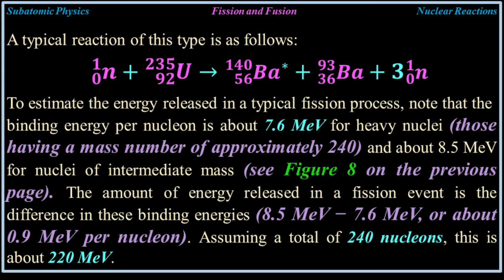The amount of energy released in a fission event is the difference in these binding energies: 8.5 mega electron volts minus 7.6 mega electron volts, or about 0.9 mega electron volts per nucleon. Assuming a total of 240 nucleons, this is about 220 mega electron volts.